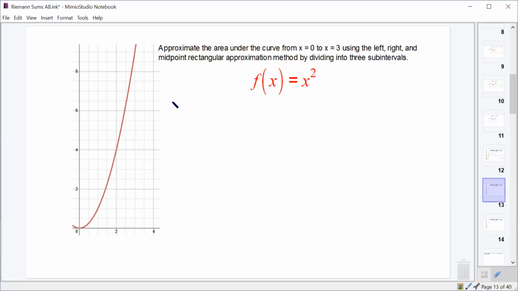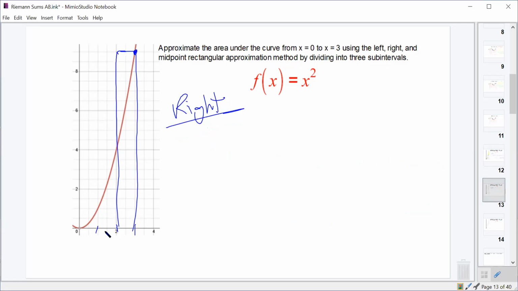Let's do a right approximation. So still 3 subintervals, 0 to 1, 1 to 2, 2 to 3. This time we go up to the height at the rightmost endpoint. What's the height of our function at its rightmost endpoint? 9. So we go straight across for our subinterval and then straight down. What's the area of that rectangle?